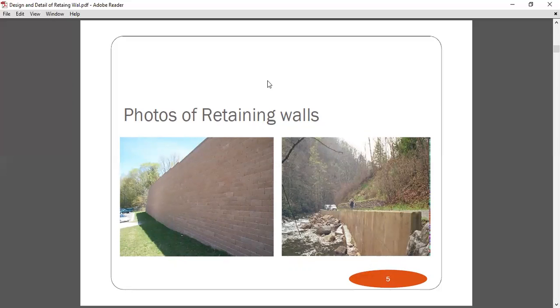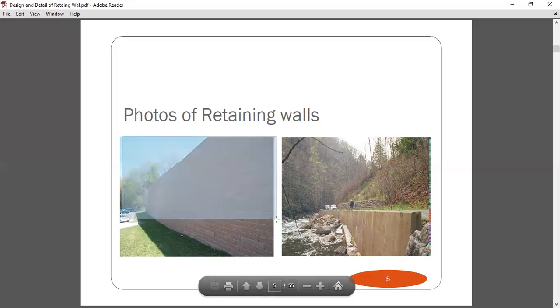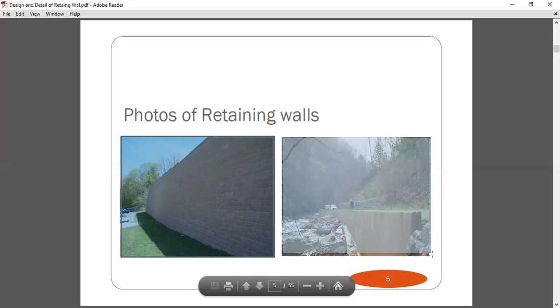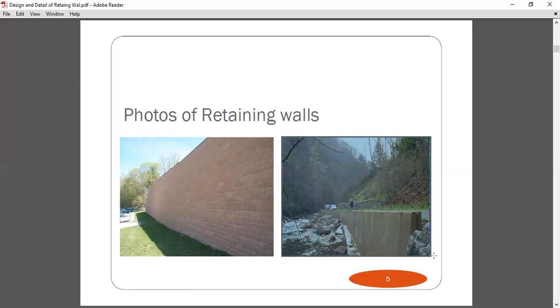There are some photos of retaining walls which use different types. In the first image, the retaining wall is constructed for aesthetic purposes, and in the second picture it is constructed to hold the road on a particular area.